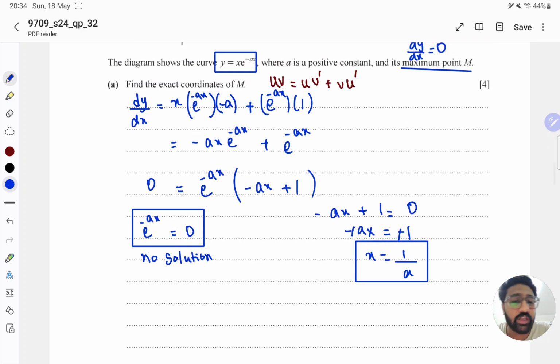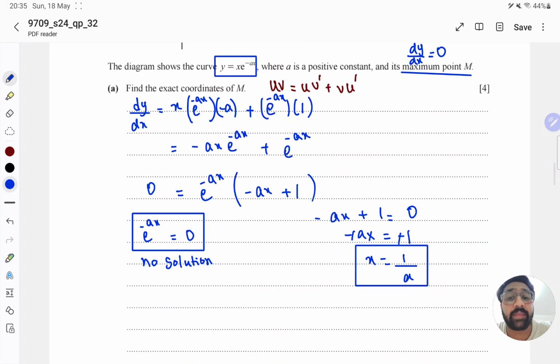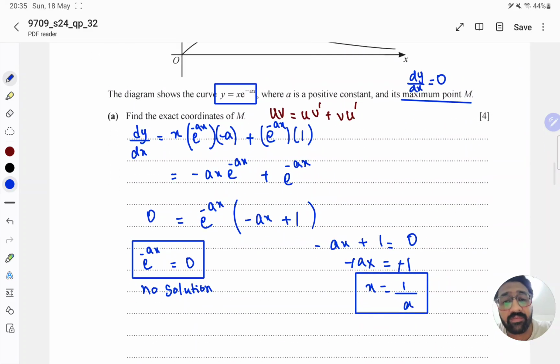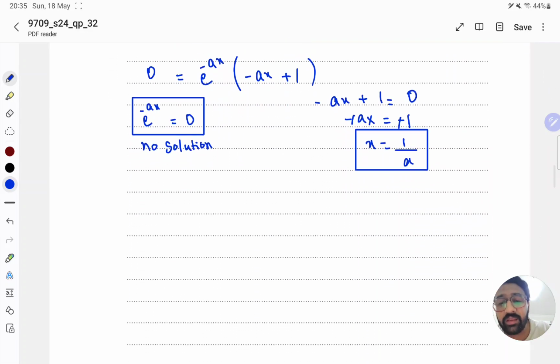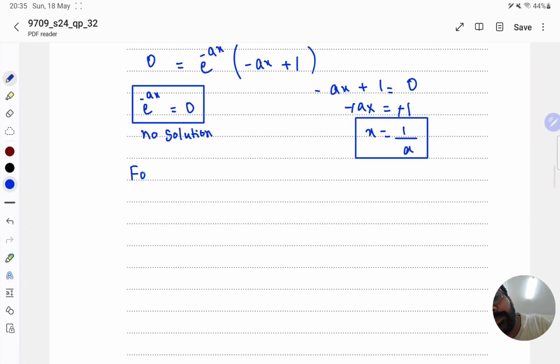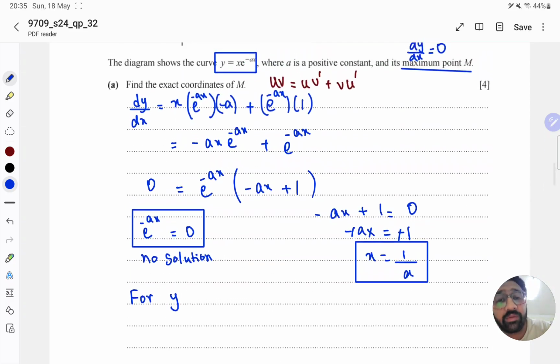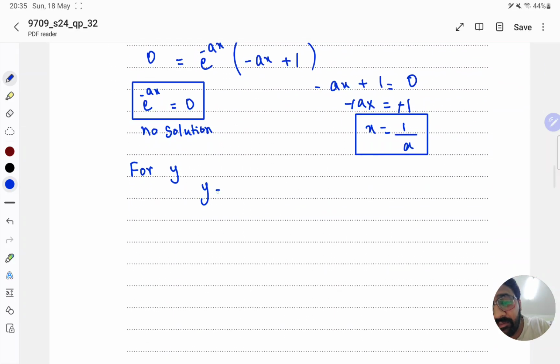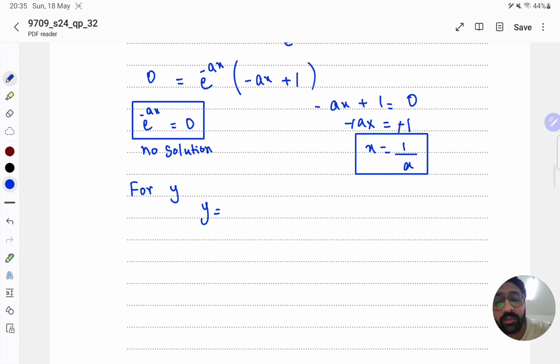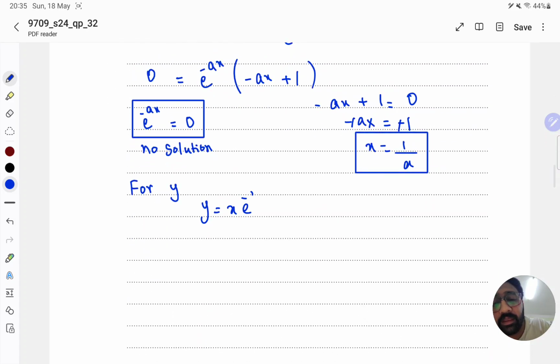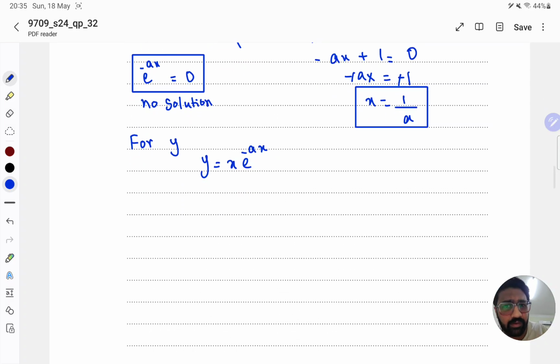This is the x coordinate for the stationary point, which is the maximum point m, but for the value of y, I'll substitute this x into the original equation. For y, I will do y equals x e raised to the power of minus ax. Now just substitute this value of x over here.